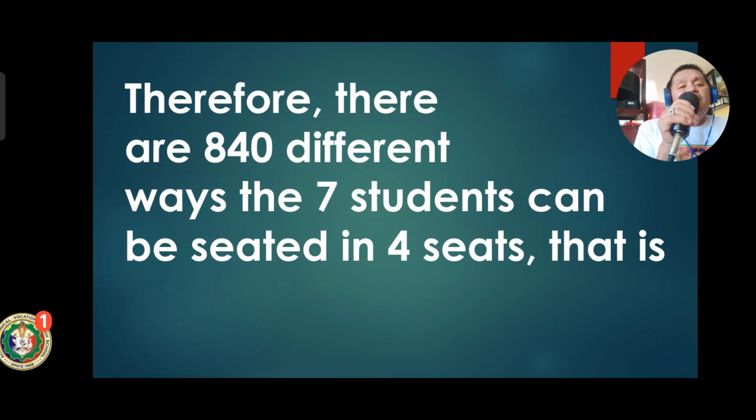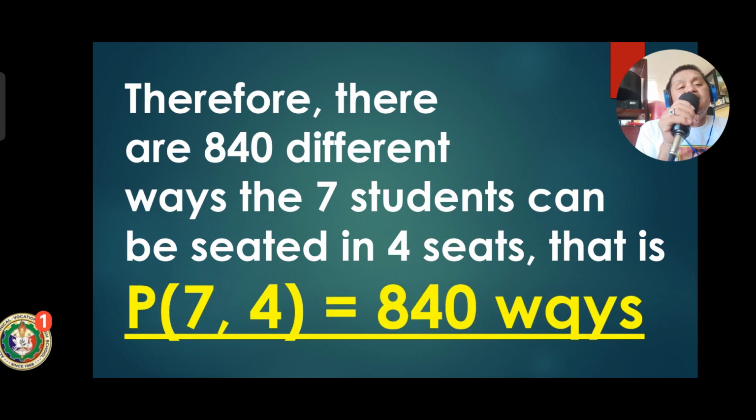Therefore, there are 840 different ways that 7 students can be seated in 4 seats. That is, the permutation of 7 students taken 4 seats at a time is 840 ways that students can be seated.